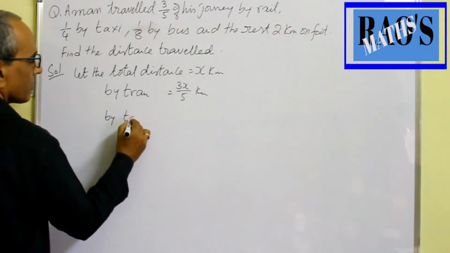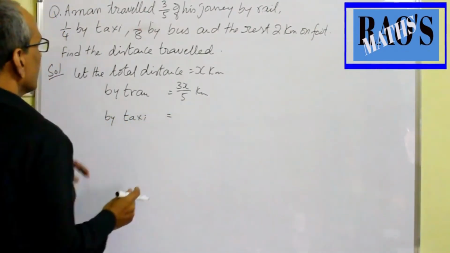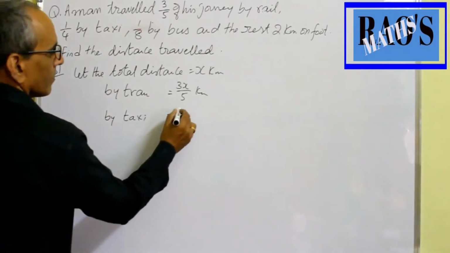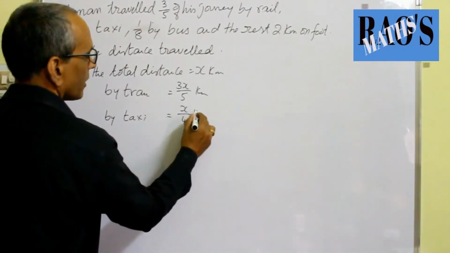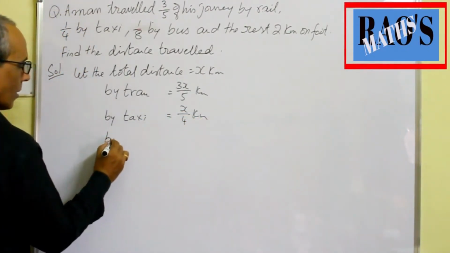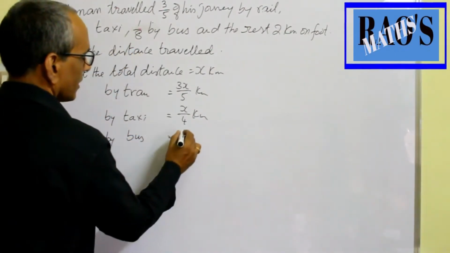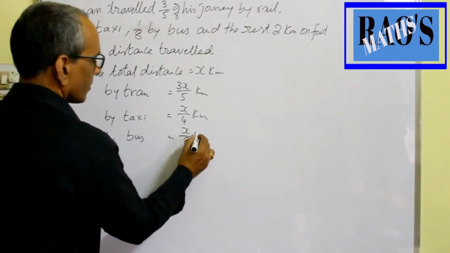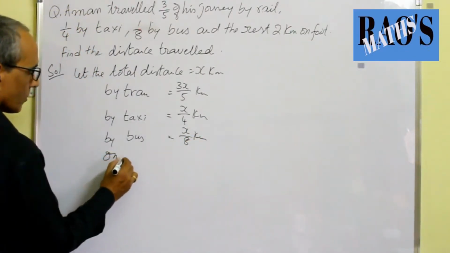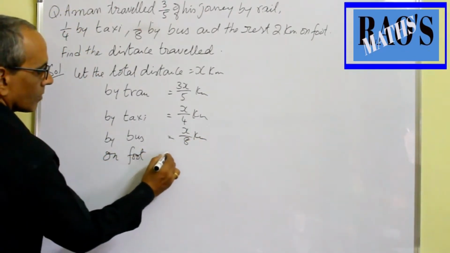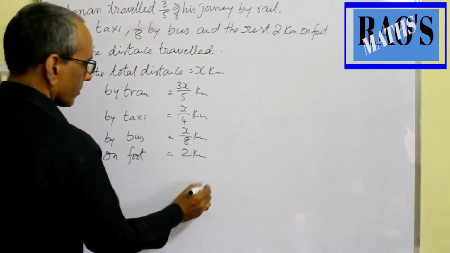By taxi, that is 1/4 of x, x by 4 kilometer. By bus, 1/8, that is x by 8. On foot is equal to 2 kilometer.